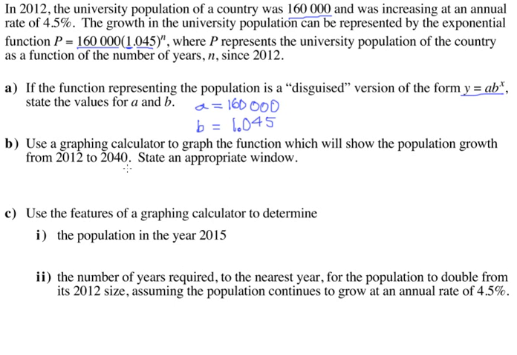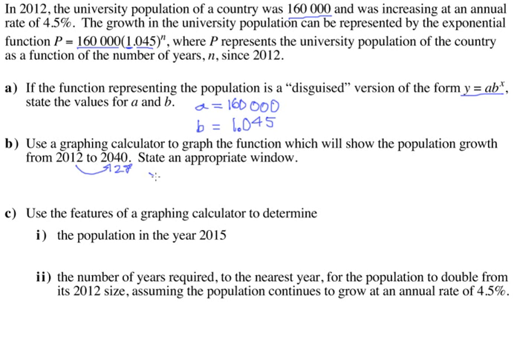Use a graphing calculator to graph the function which will show the population growth from 2012 to 2040. Well, this 160,000 is the value for 2012. This, in 2040, is 28 years later.